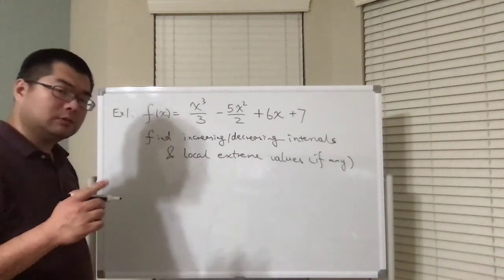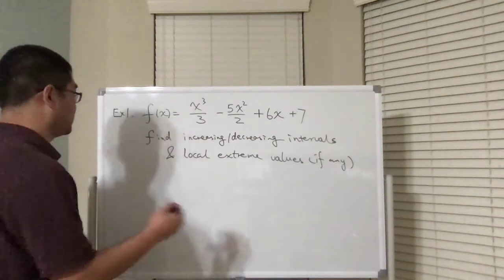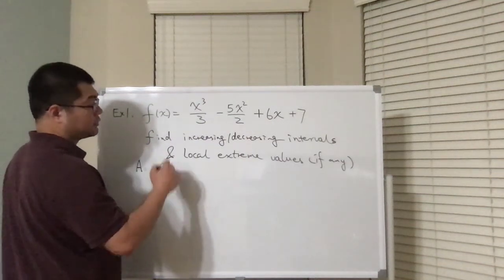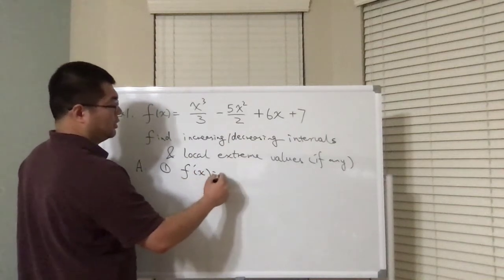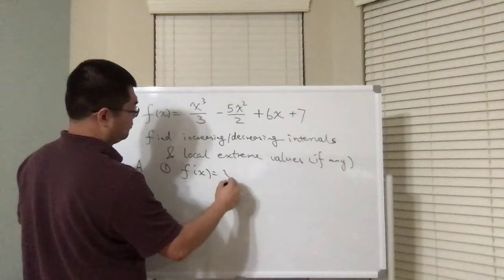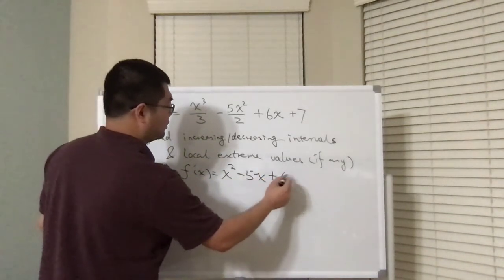The process is very straightforward. Let's start the answer. First of all, let's figure out the derivative of the given function, which, based on the power rule, gives us x squared minus 5x plus 6.